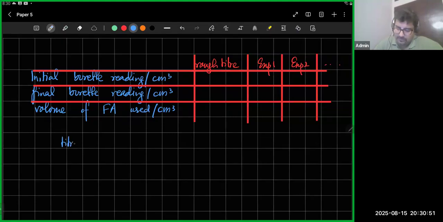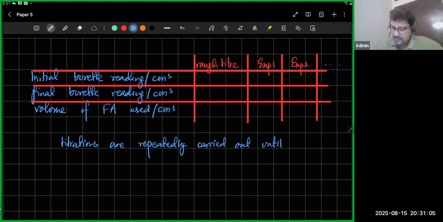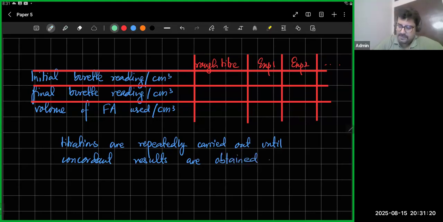So titrations are repeatedly carried out until concordant results are obtained. What does that mean? Concordant means titers that are within 0.1 cm3.